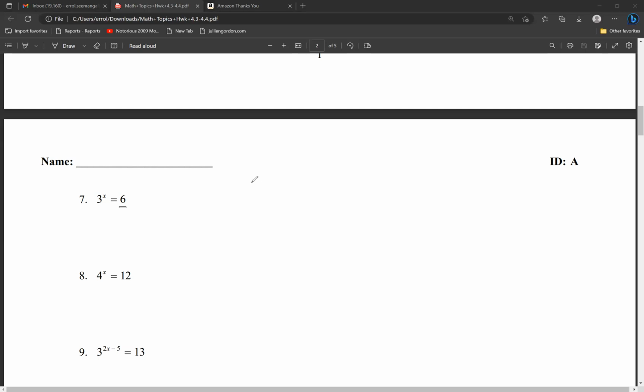So let's try, if we take the log of both sides, log 3 to the x equals log 6. There's an imaginary 10 here, right? So what do we have here?